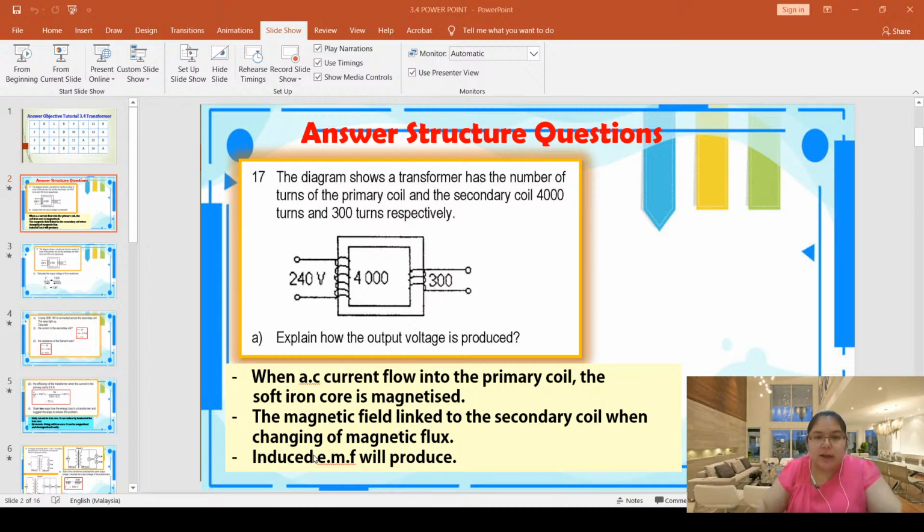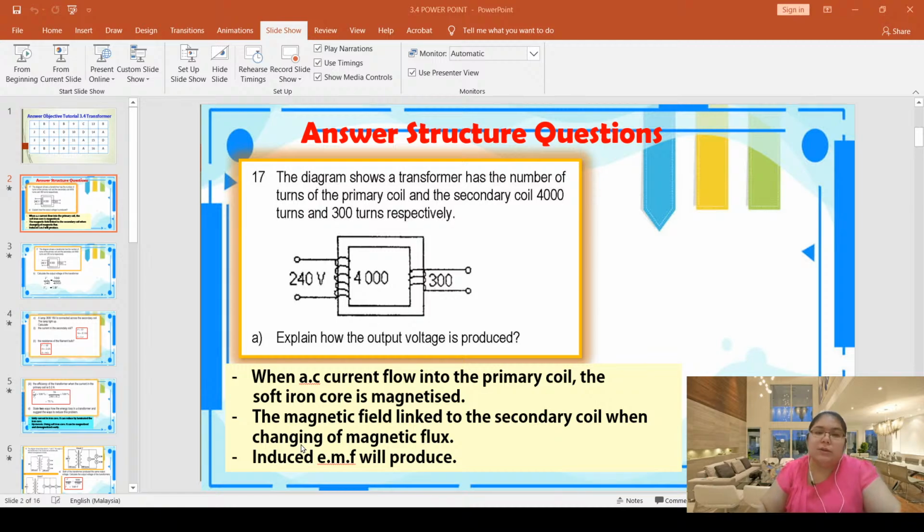This is the explanation of how the current will flow to the primary coil, and how the voltage will appear at the secondary coil. You must mention that when the alternating current flows into the primary coil, the soft iron core is magnetized first.